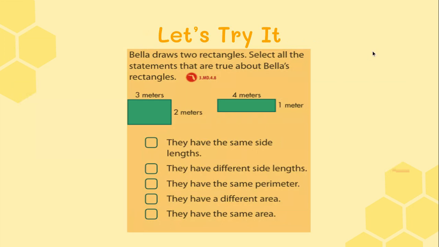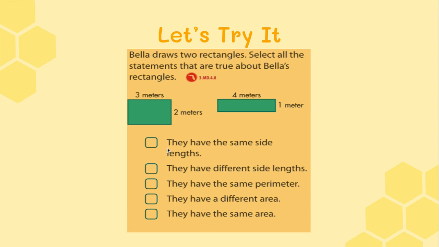All right, so now if Bella draws two rectangles, select all the statements that are true about Bella's rectangles. Here's one of them. She's got a length of 3 and a width of 2, and in this one, she's got a length of 4 and a width of 1. Do they have the same side lengths? No, that is not true because this side is 3, this side is 4, this side is 2, this side is 1. That's not the same lengths.